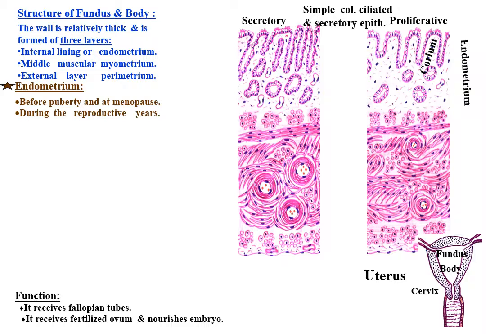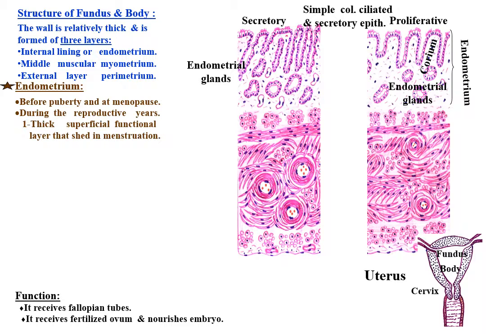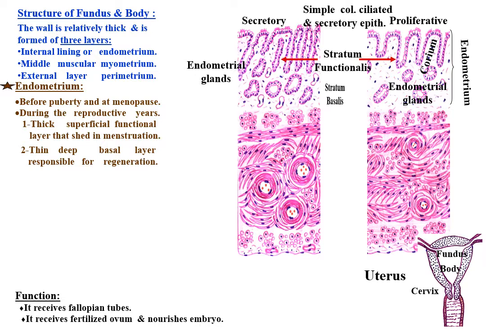It contains simple coiled tubular glands called endometrial glands. The endometrium is formed of a thick superficial functional layer that is shed in menstruation and a thin, deep basal layer responsible for regeneration.